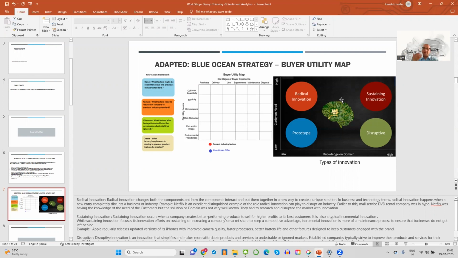It is based on the existing concept, wherein the need of the customer was known, but the domain of getting that into the cloud was not very clear. However, the innovation that came up based on the existing domain is a radical innovation. So we can take the example of Netflix as part of that.